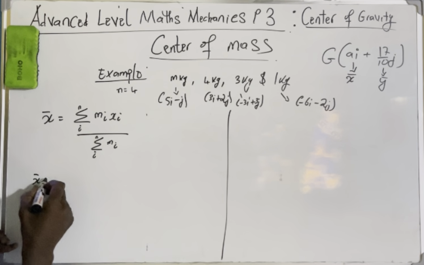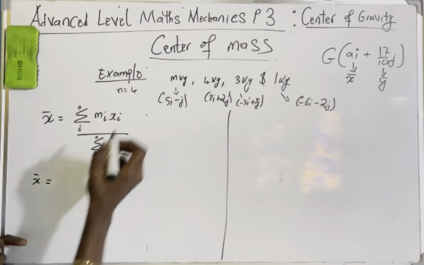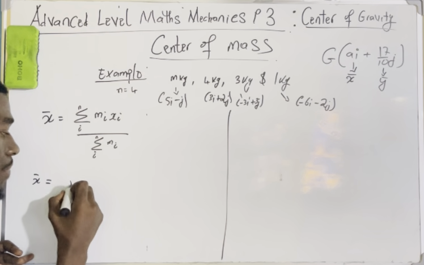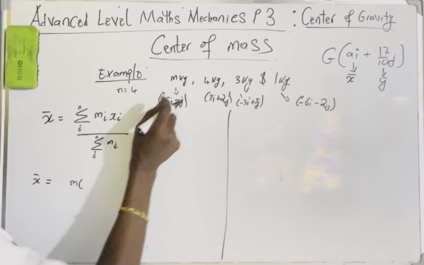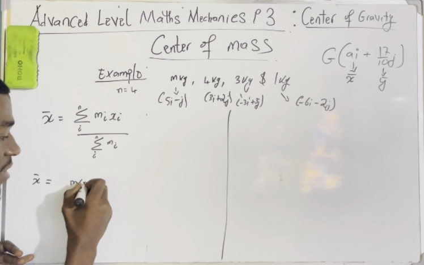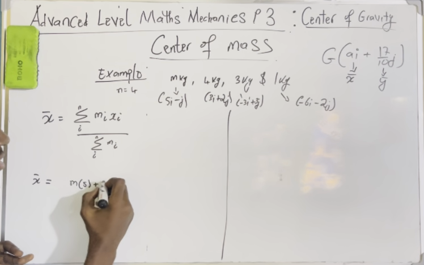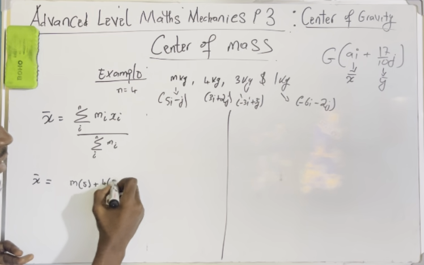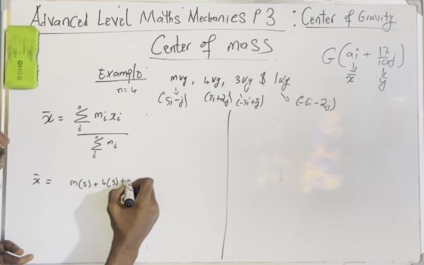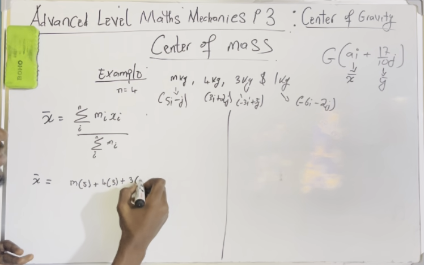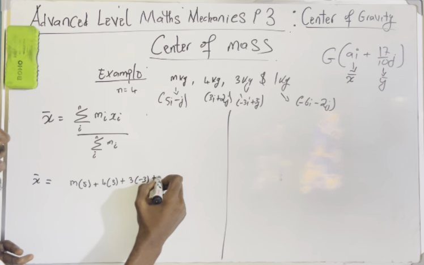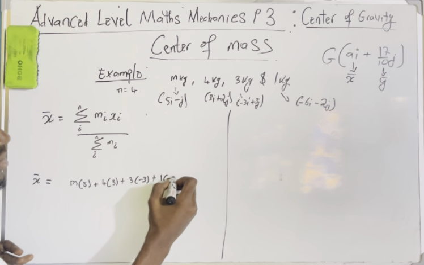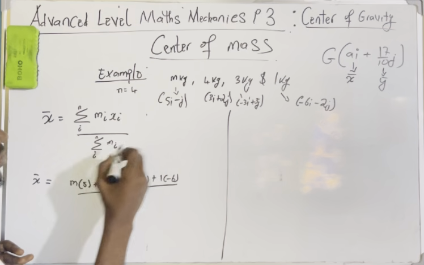It means that my x bar now will be: I'm summing, so I take the first mass m, the x coordinate of the first mass is 5, plus the second mass 4, x coordinate 3, plus the third mass 3, x coordinate -3, and the last mass 1, x coordinate -6, divided by the sum of all the masses.